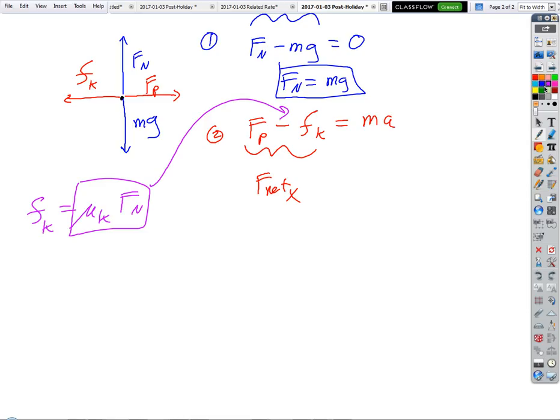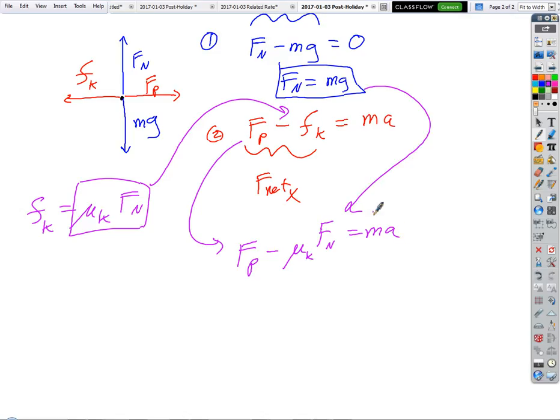Equation number 2 becomes F sub p minus mu sub k times normal force equals ma, and we know normal force is just mg. You see the value of that. We're able to solve for a, because once we make that substitution, we've got only stuff we know values for, except for a, the one thing we're trying to find.